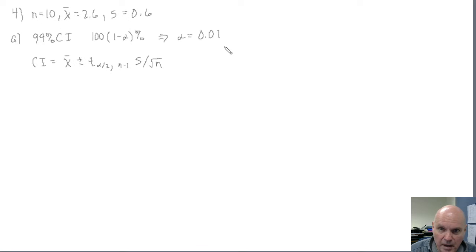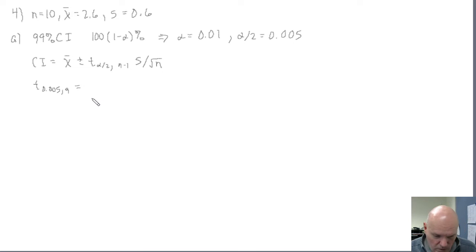So alpha is equal to 0.01, so alpha over 2 is 0.005, half of that. And then n minus 1 is going to be equal to 9, so we need the t 0.005 value, okay?